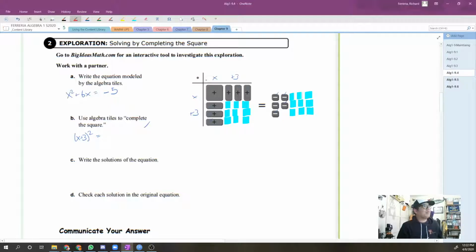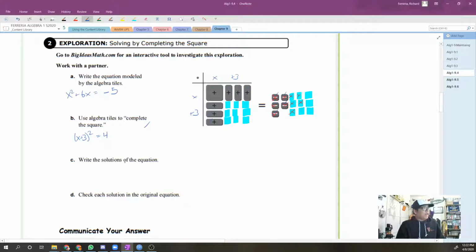I'll cancel them out in red. Cancel with that, this one with this one, cancel out that with that, this with this one and this one. And so I've got 4 leftover tiles.